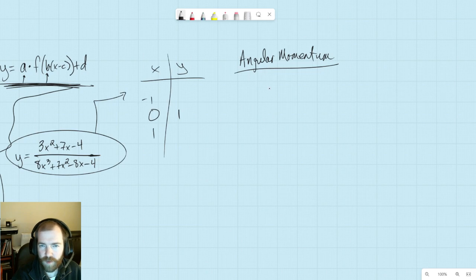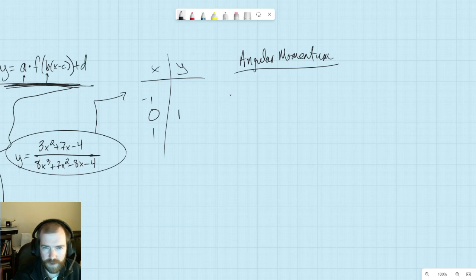Alright, so angular momentum is usually known as L. Alright, derivations from other quantities.